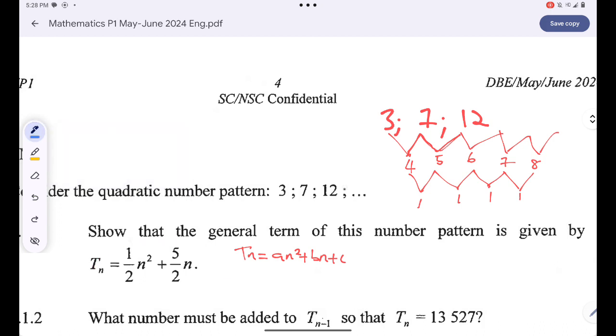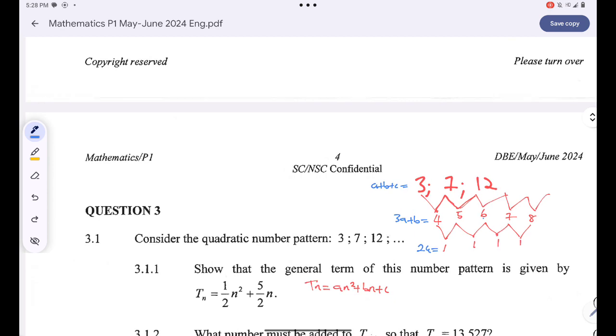I know that 2a is equal to the second difference, then 3a plus b is equal to the first term of the first difference, and then a plus b plus c is equal to 3.